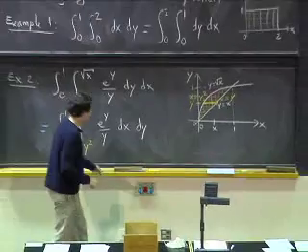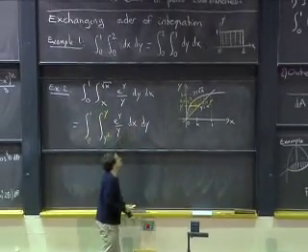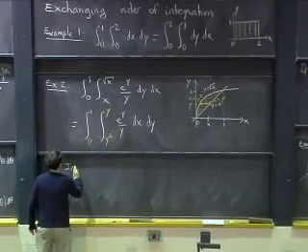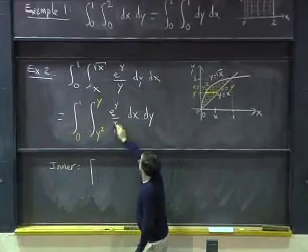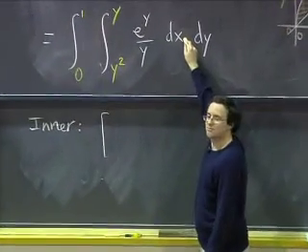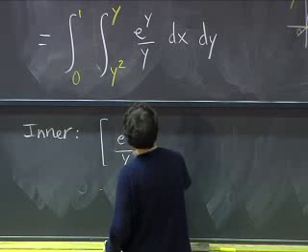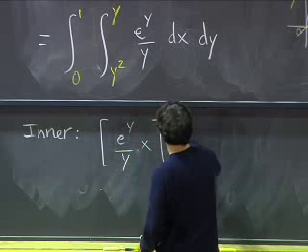But now that we've done that, it's actually going to be much easier to integrate, because the inner integral, what's the integral of e to the y over y with respect to x? It's just that times x, from x equals y squared to y.